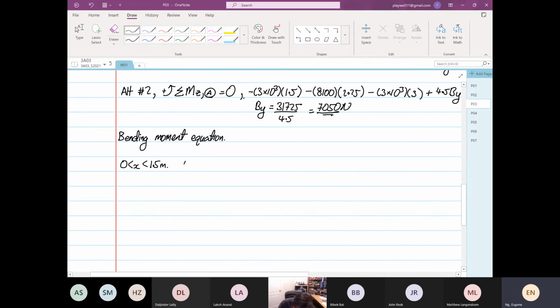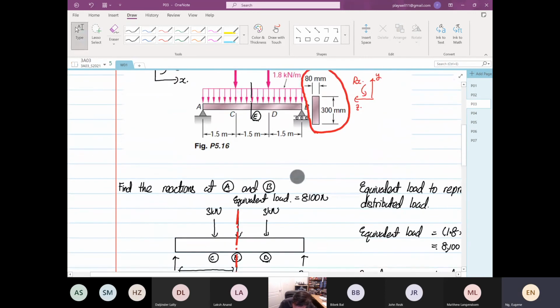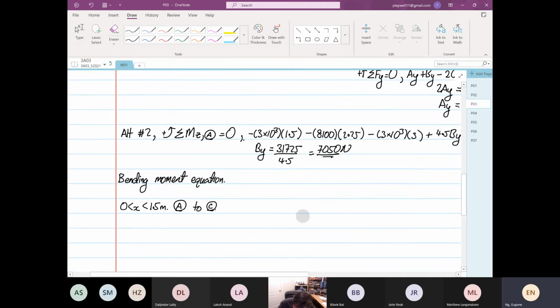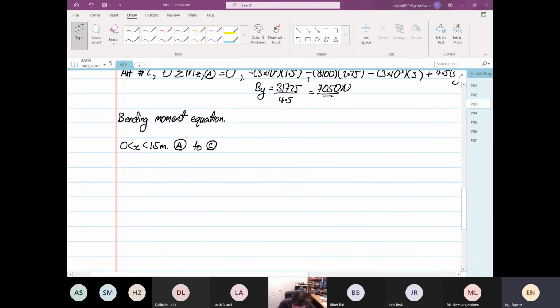So this is between point A and the next point, point C. We're going to draw this out. As I said, we're only interested in the bending moment equation.